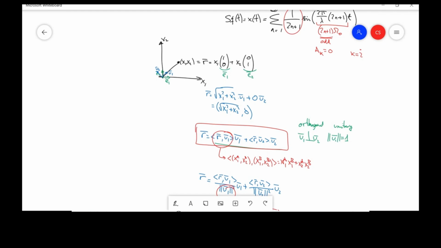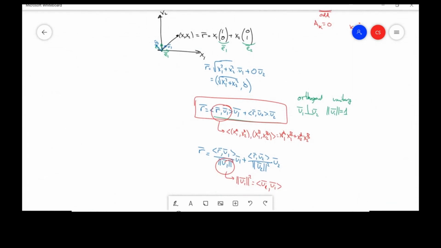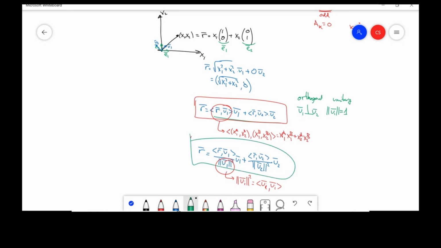If I want to express them in any other basis, I can do it very easily. It is this one. Now, the only condition for this to hold is that U1 is orthogonal to U2. So all we require is orthogonality. We don't require them to be unit vectors anymore.